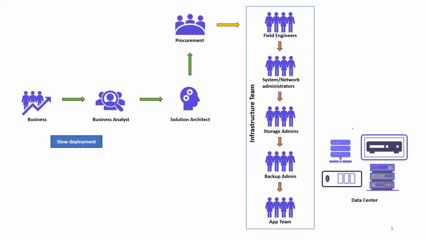That is the reason the turnaround time varies from weeks to months for everything to be ready for application deployment. If the application team wants to deploy, everything has to be ready. So that is the reason we call it a slow deployment model. The traditional working model is a slow deployment model.